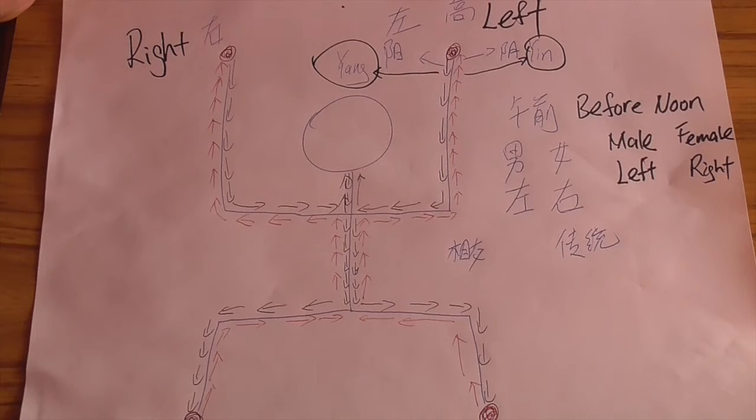Dr. Pan reckoned the blood flow and the chi flow on the meridian are different on the left side and right side, for female and male, and between before noon and afternoon, different on each side.